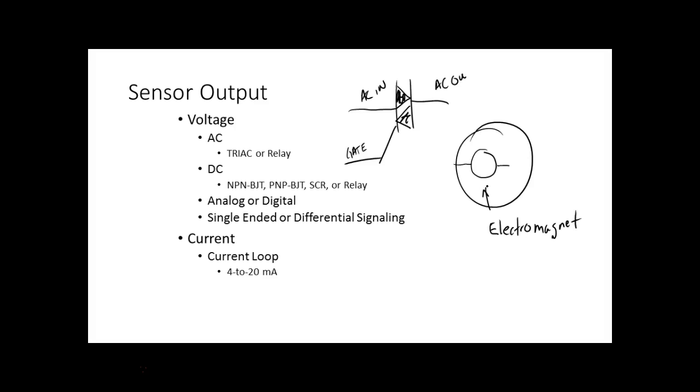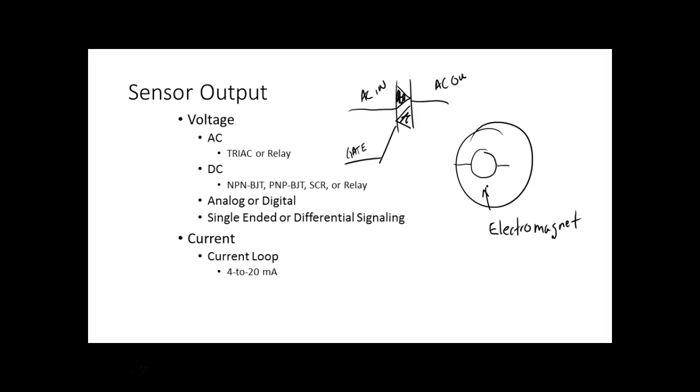So what's the advantage of a triac? It has no moving parts. So you'll see a lot of these devices out there in sensors. If I've got an AC sensor, like the ones we're going to have, odds are there is no relay in it. If it had a relay, what could you do? You could hear it click, right?